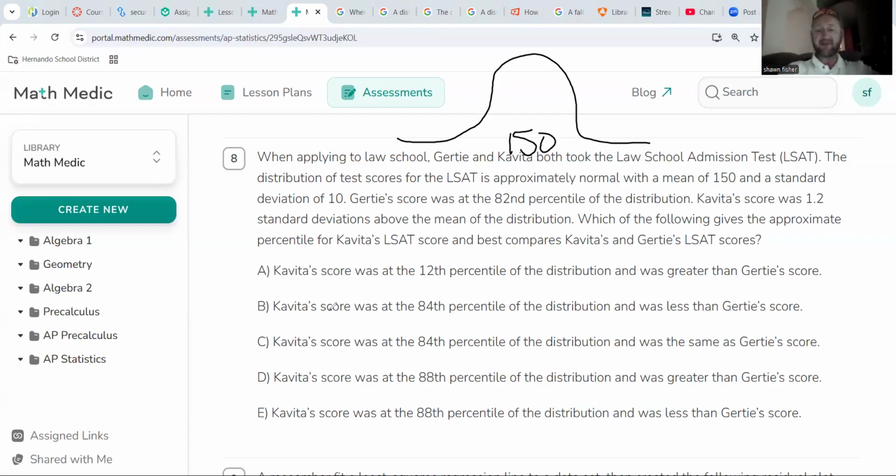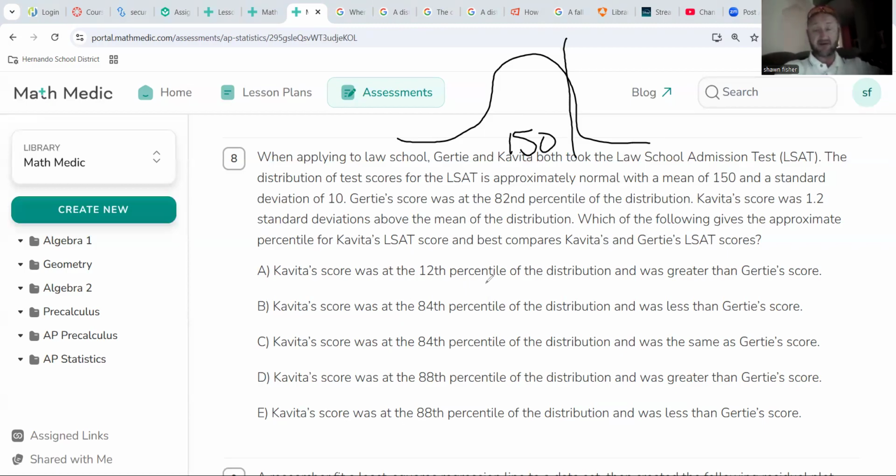Mean of 150, which is the 50th percentile. This person is 82nd. It's easy to find out what the actual score is. I'm looking for a score like 150, 160, something like that. The 82nd percentile might be somewhere in there, right? So let's use our calculator.